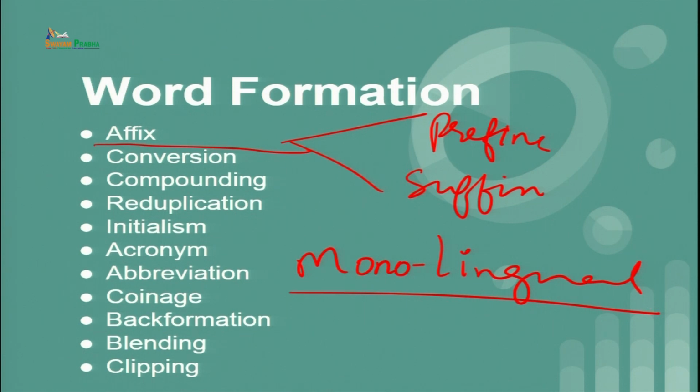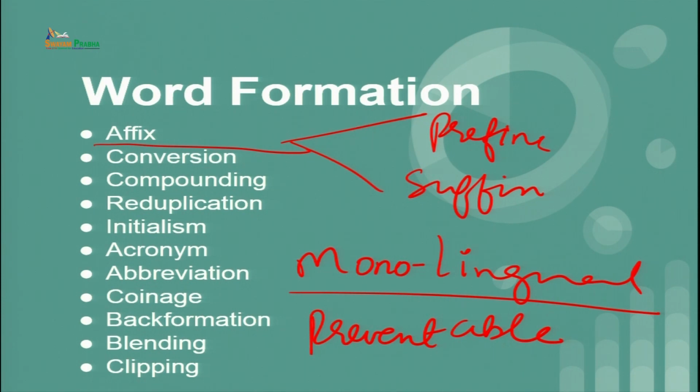Similarly, you can put a suffix like able and come up with different words such as preventable, adaptable, criminal, seasonal.